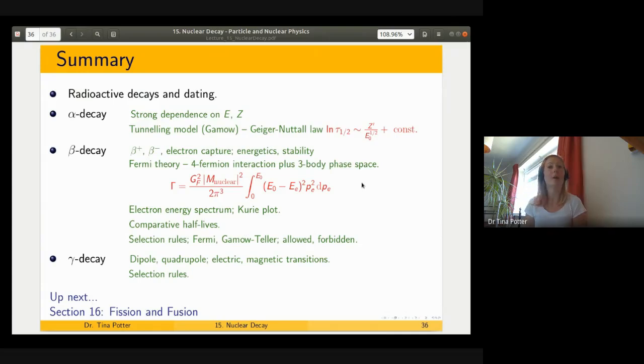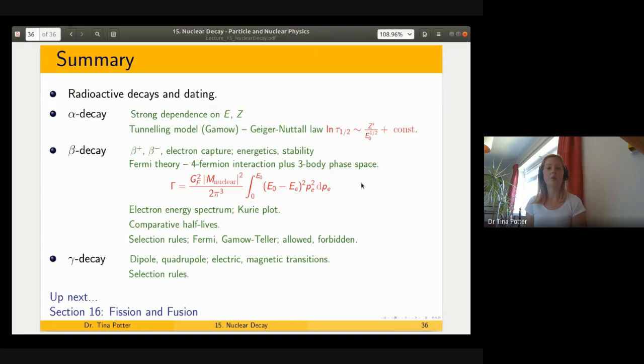We had a look at comparative half-lives and the selection rules. So we've got those two types of decay, Fermi or Gamow-Teller, and then we have the allowed decays when the electron and neutrino are emitted with L equals 0, and higher level forbidden decays where they're emitted with L larger than 0.